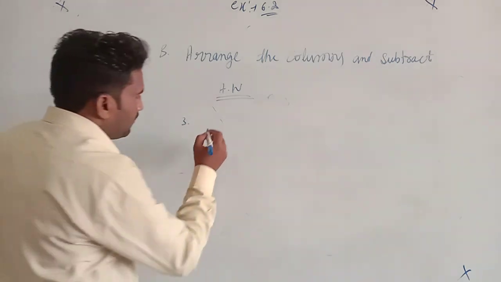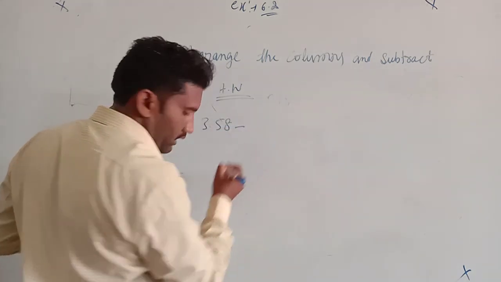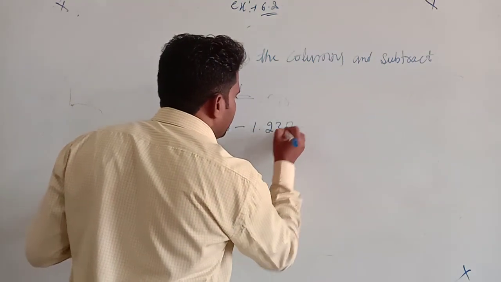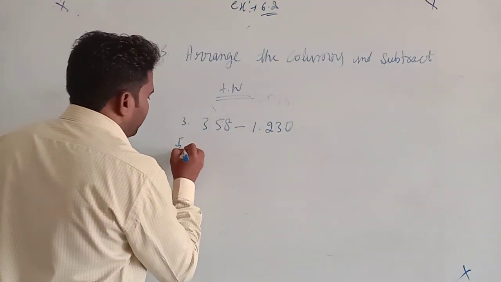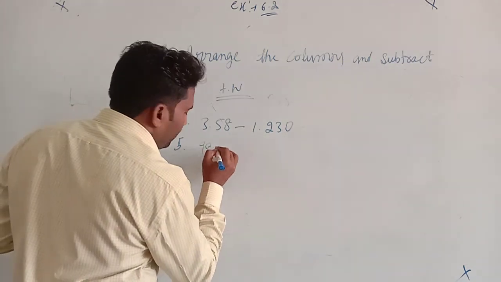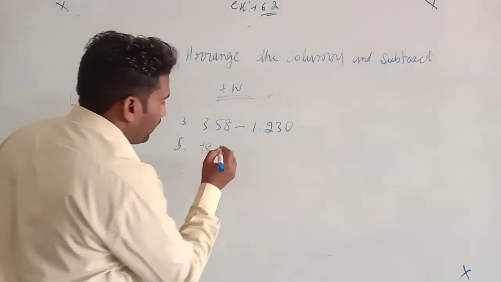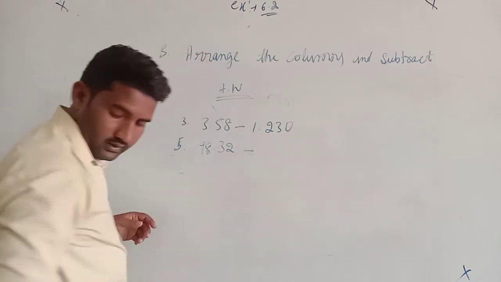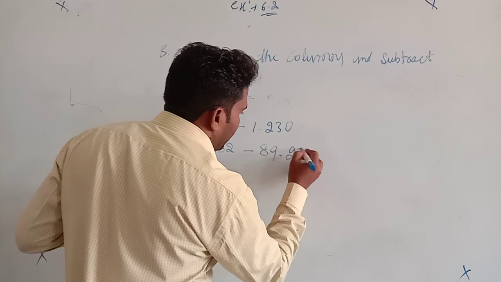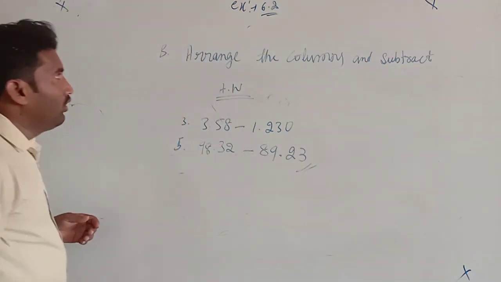The third one is 3.58 minus 1.230. The fifth one is 98.32 minus 89.20. These 2 are for homework.